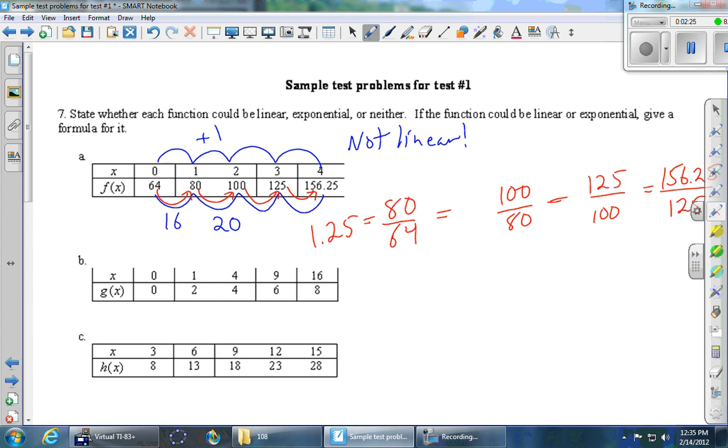And so our job now that we know it's an exponential, is to find a formula for it. Well, that 1.25 is actually quite helpful because that's the base. So we know our function is supposed to look like a times b to the x. And we just found out the base is 1.25.